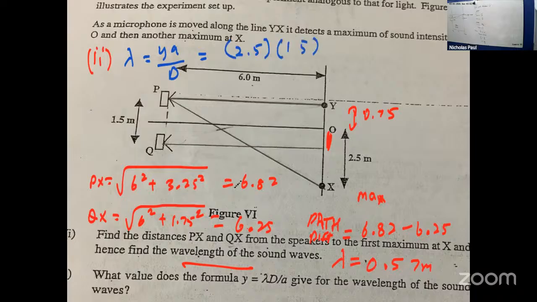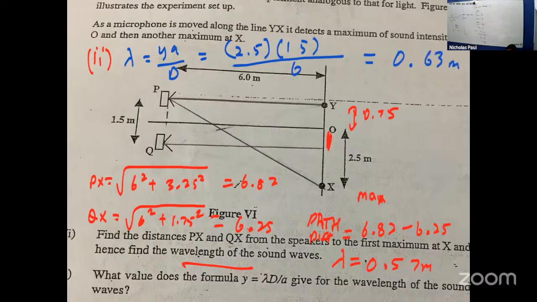And then D is what? 6. How much here? 0 point what? 0.625? Yeah. I thought the answer was different.